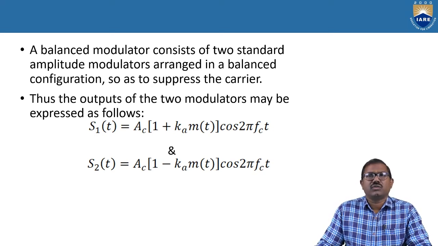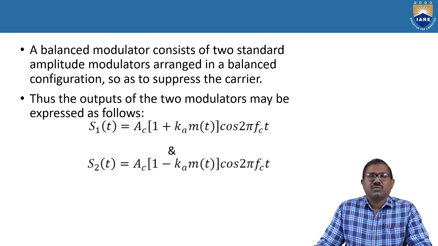Our aim is to suppress the carrier. Why? This carrier uses more bandwidth and wastes transmitted power. So that's why we suppress the carrier by using these two standard modulators.